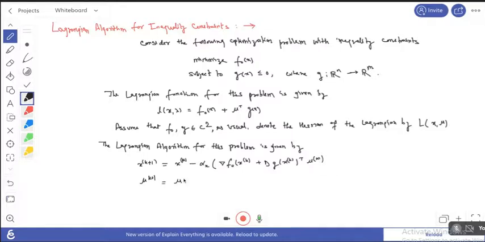This is equal to mu k plus beta k g of xk. This formula is very similar to the previous one, the Lagrangian algorithm for equality constraints.